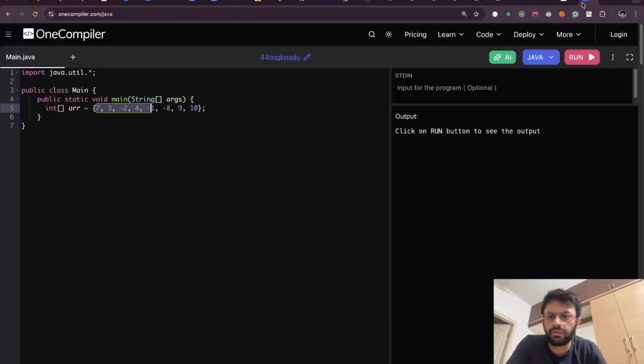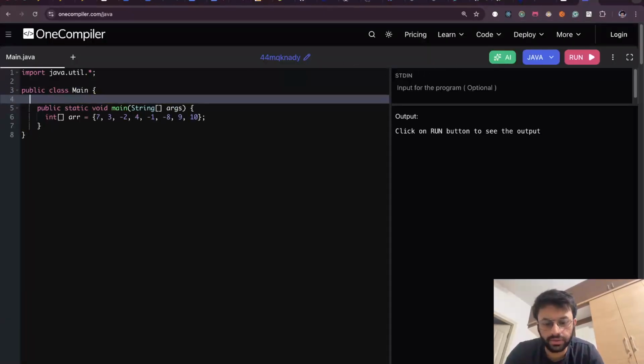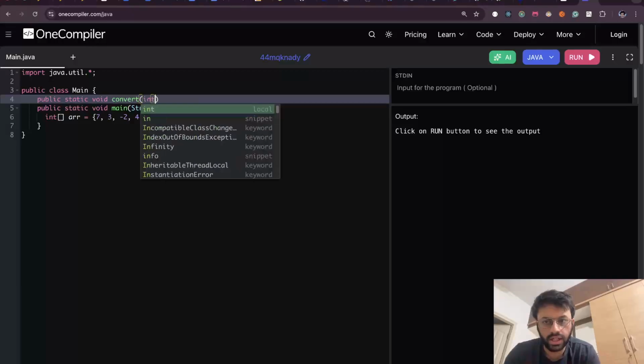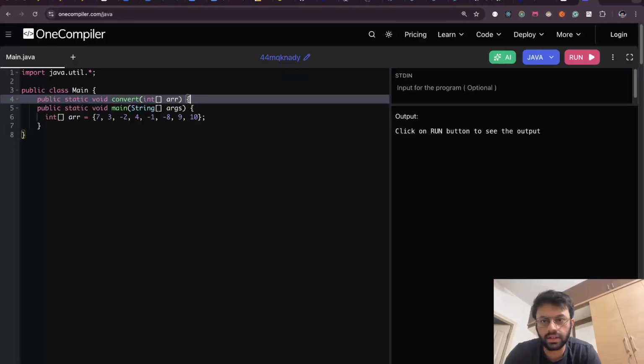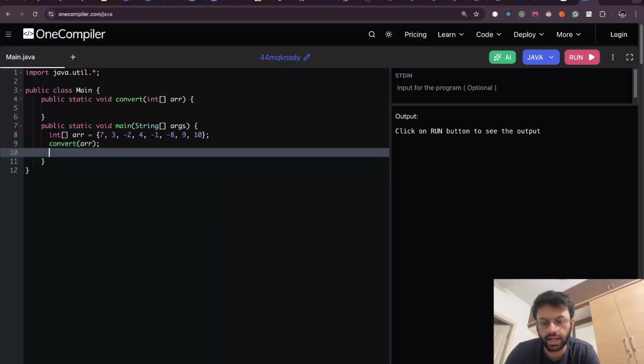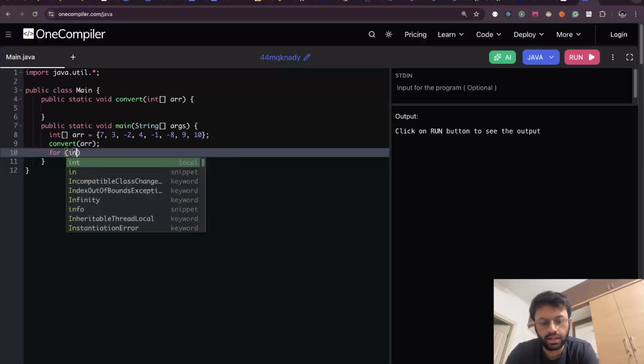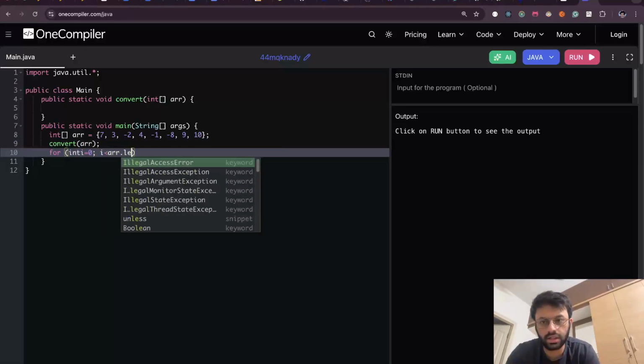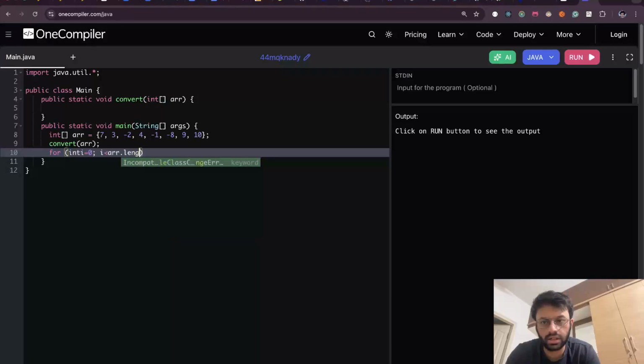So suppose I write a function: public static void convert, which takes an array. Here I'll pass the array to my convert function, and after that I'll print the array.